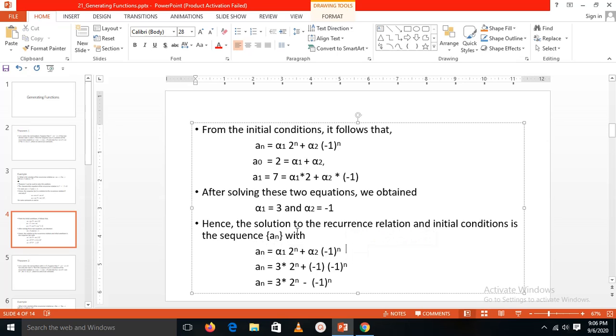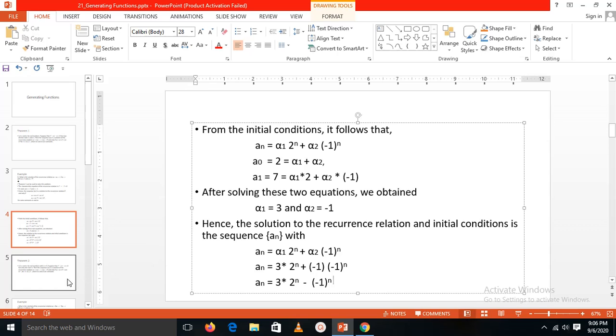Now put these values of alpha 1 and alpha 2 into this equation and we get the final equation: an equals 3 times 2 raised to n minus 1 raised to n. This is our example based on the first theorem.